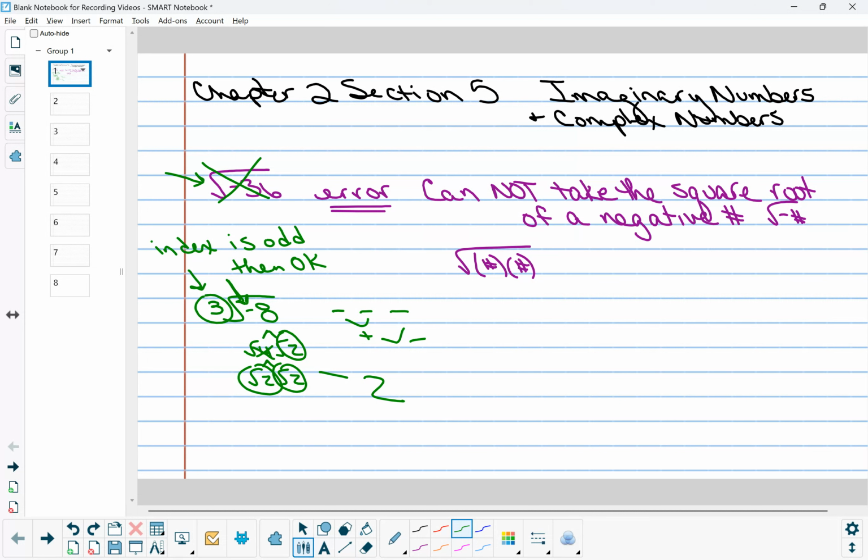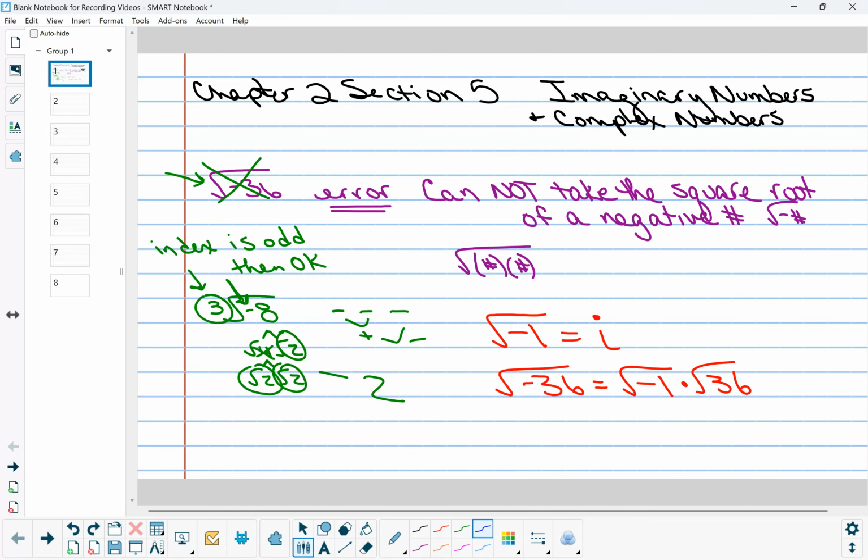So we have to have a way to handle that. And that is actually an imaginary number. So what you have is the square root of negative 1 is equal to the imaginary number i. Okay, so if you were to see something like the square root of negative 36, I want you to think of that as the root of negative 1 times the root of 36.